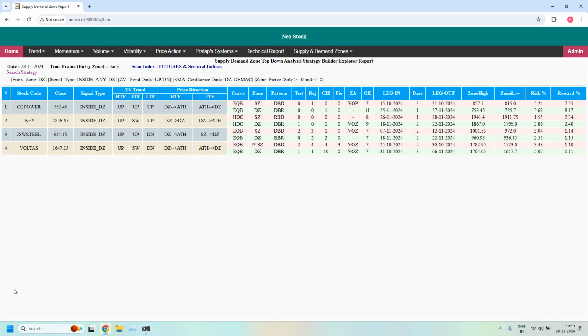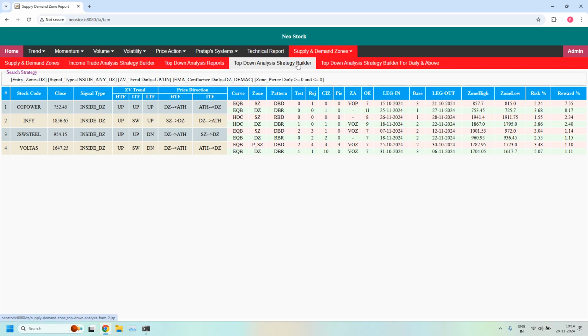That way this list will be useful for weekly, monthly and daily, because generally we use them as HTF zones or ITF zones. Zone with EMA confluence should be always useful for HTF or ITF zones, not LTF. Okay, this is about price closed inside the daily demand zone.